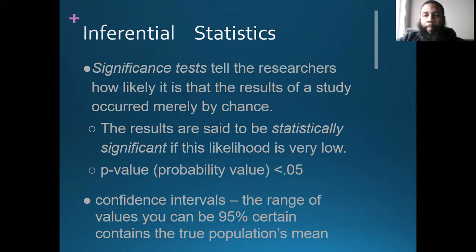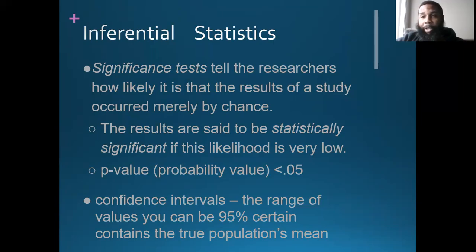P means probability value, okay? Essentially, you want your P value to be less than 0.05. Essentially what you want is to say, there's less than a 5% chance that the findings I had occurred purely by chance.